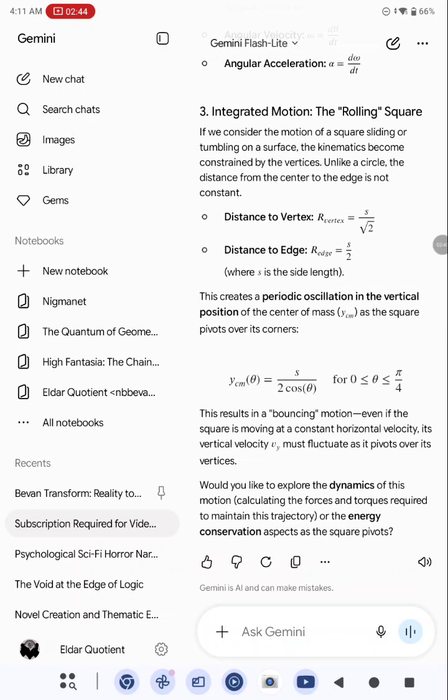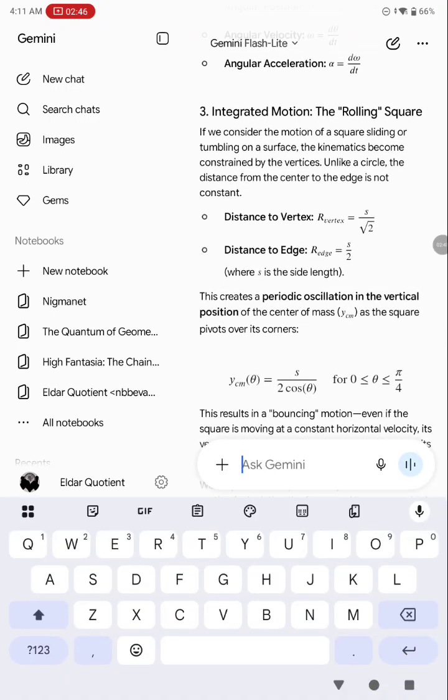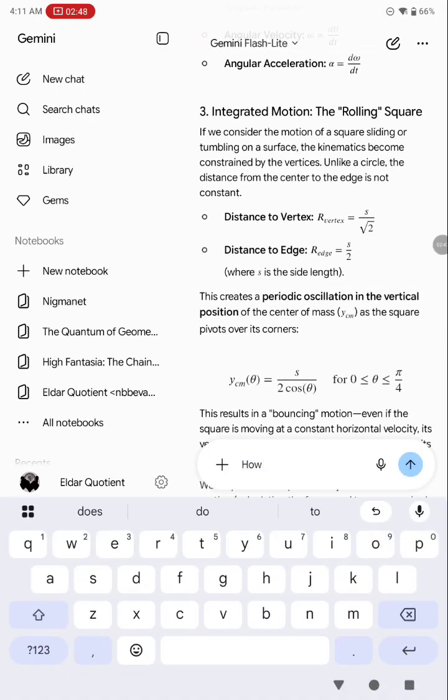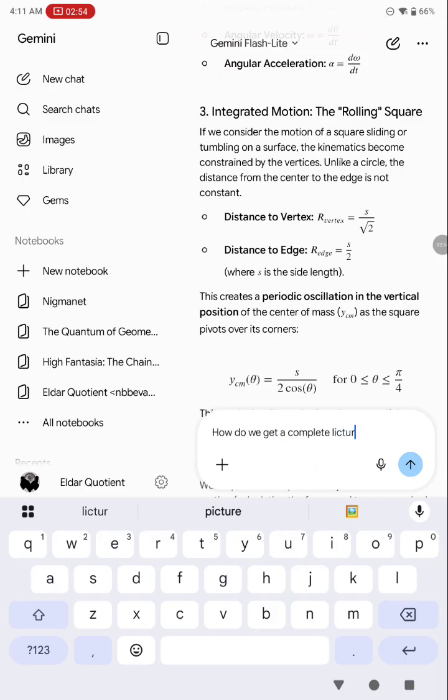Integrated motion, rolling square. So how do we get a complete picture of physics for the square?